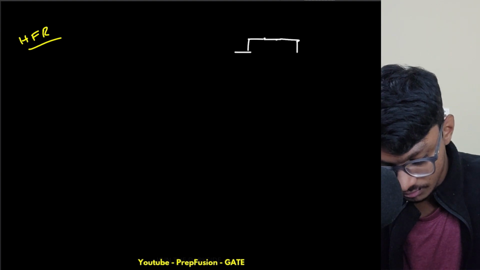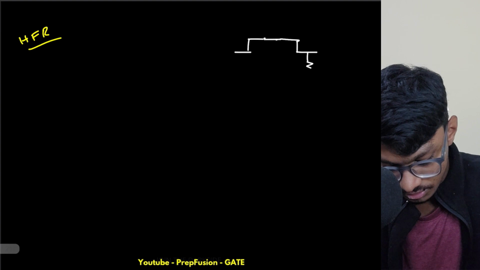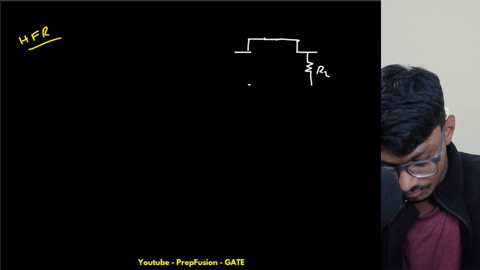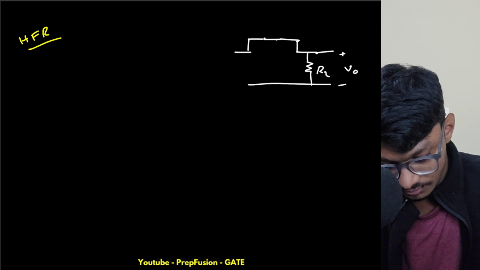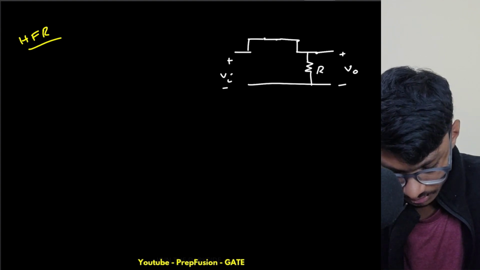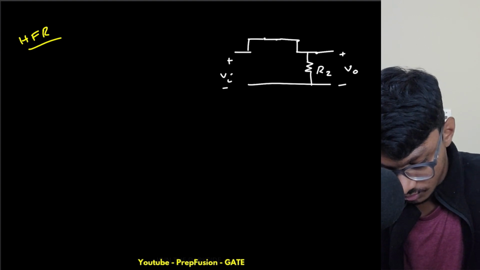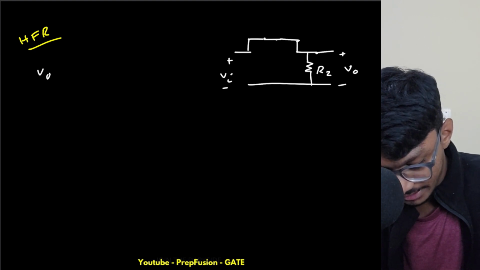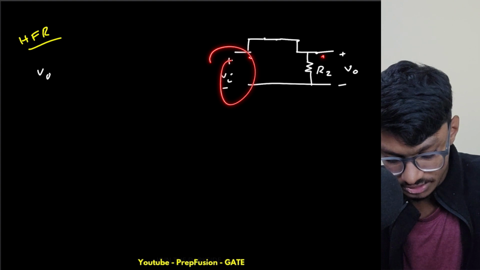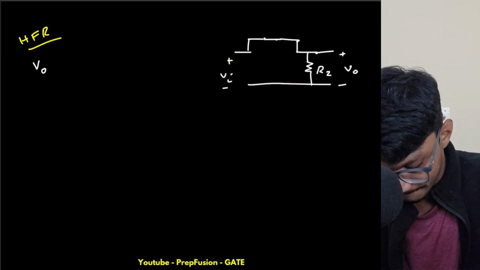So R1 is not of any use, and this is only R2. So the output voltage will be directly equal to the input voltage, because it is directly connected across this, right? So VO will be equal to VI.